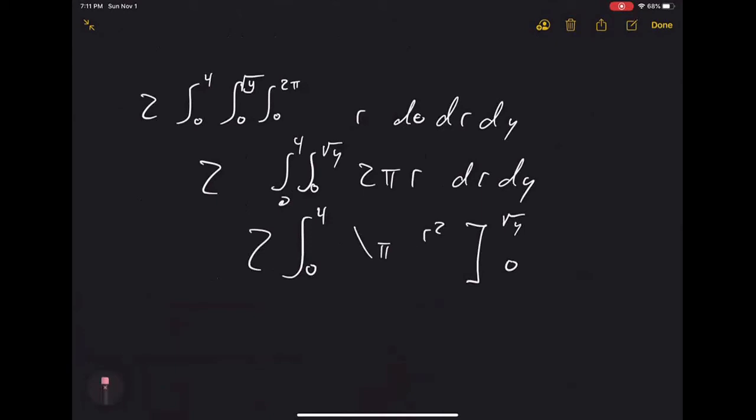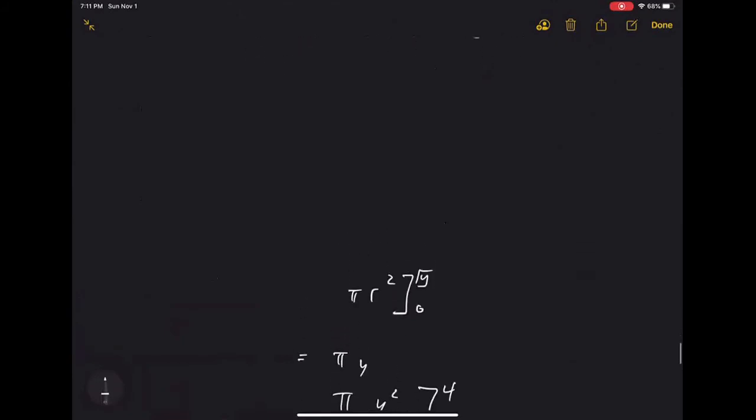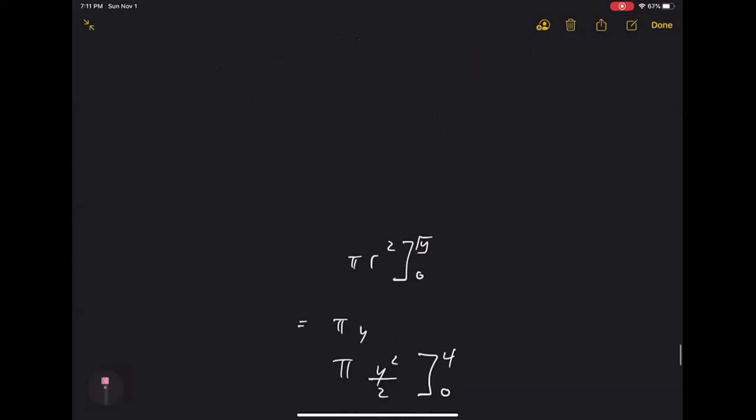So forget about those 2's. So I have pi r squared evaluated from 0 to square root of y. I plug in those bounds, and when I plug in square root of y and square it, it just becomes y, and when I plug in 0, it's just 0.